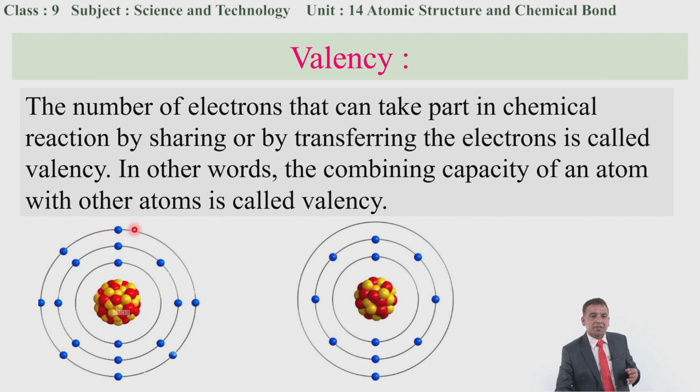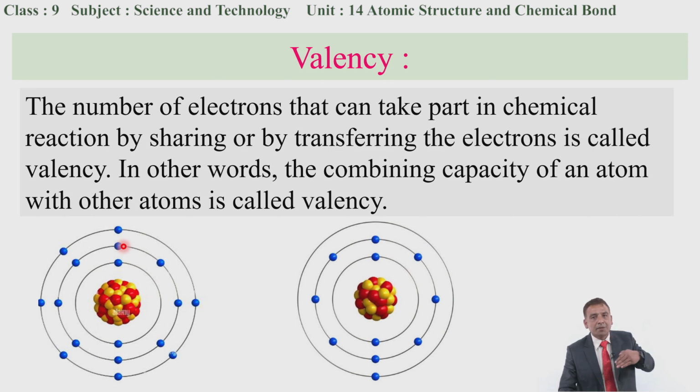Likewise, in the first, you can see altogether 1, 2, 3, 4, 5, 6, 7 electrons found at the valence shell. That means, to be octet, this atom requires one more electron. So if it gains one electron from another atom, then this atom attains the octet state.